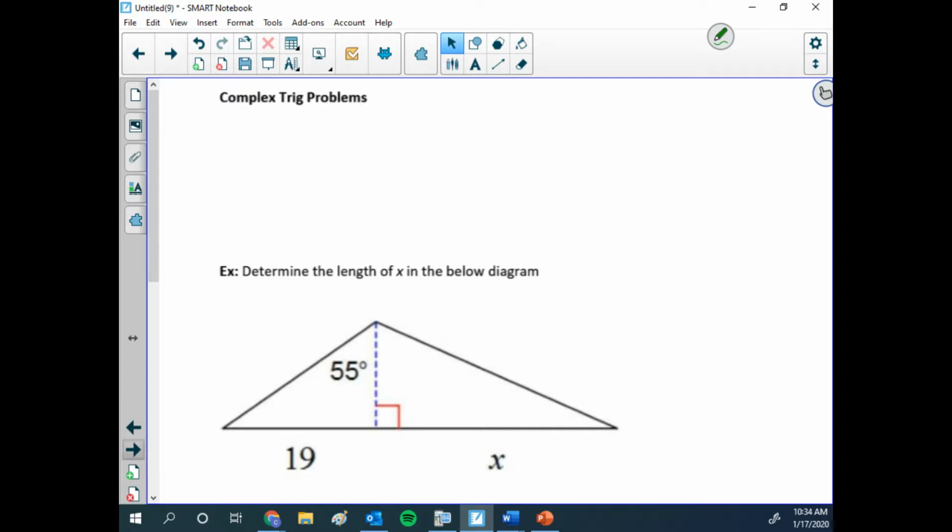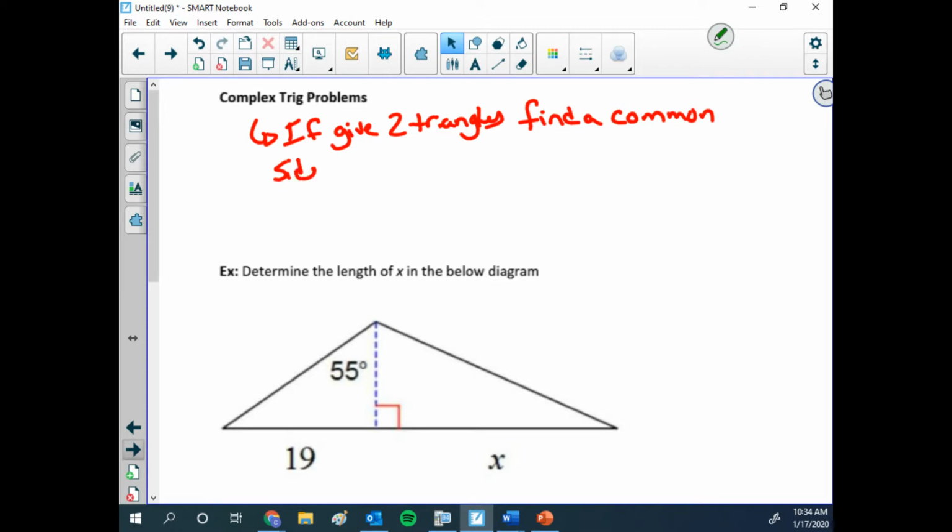If you're given two triangles, generally what you want to do is find some dimension of a common side. If given two triangles, find a common side length.